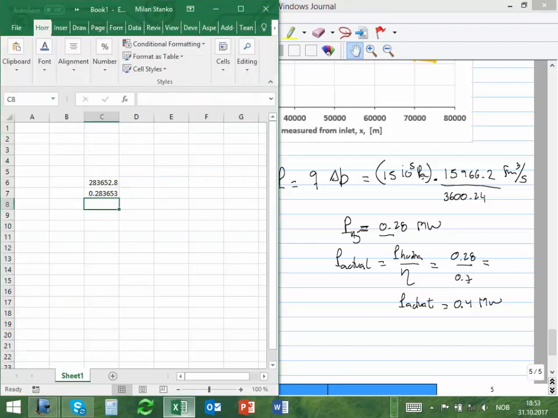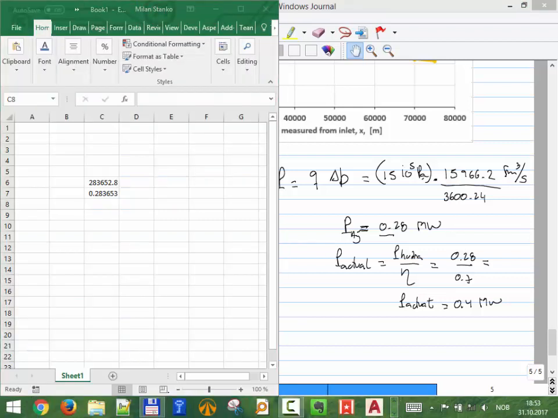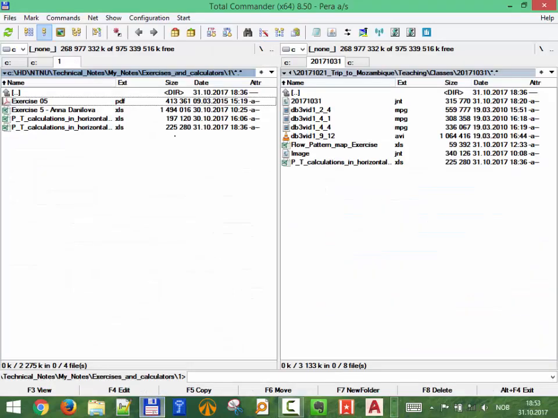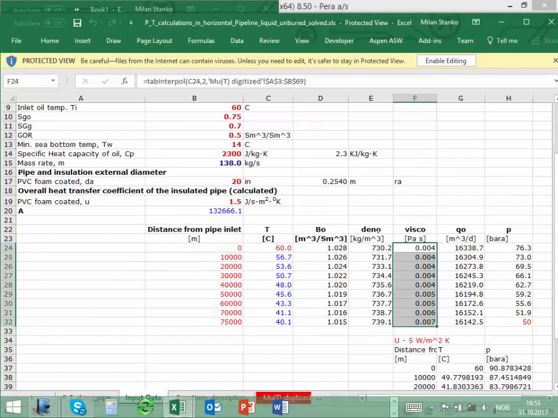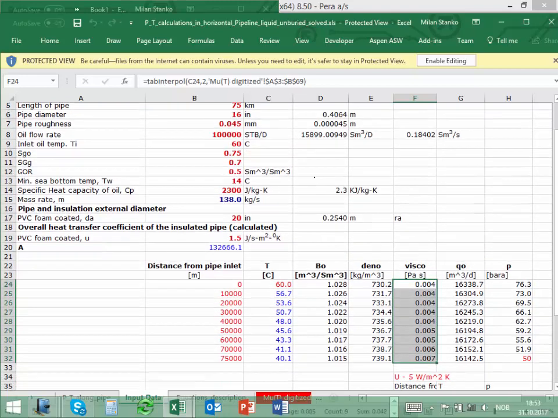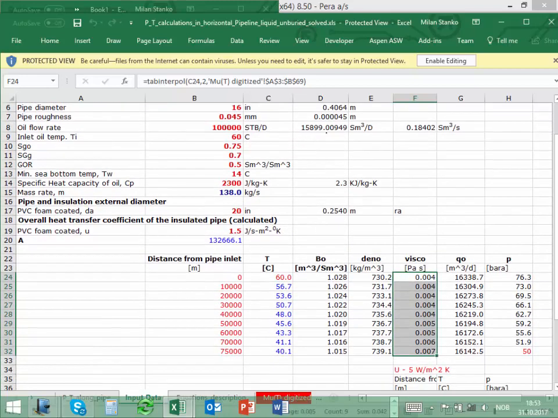Also, another thing on the exercise is that you see the variation of the Q. See the Q that we are using now. The Q actually changes, it is not anymore 15,899, but actually you have 16, so you have some variation of the local rate.